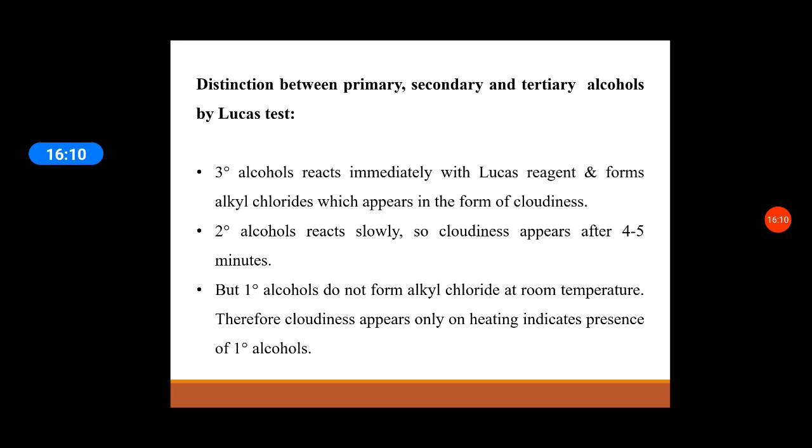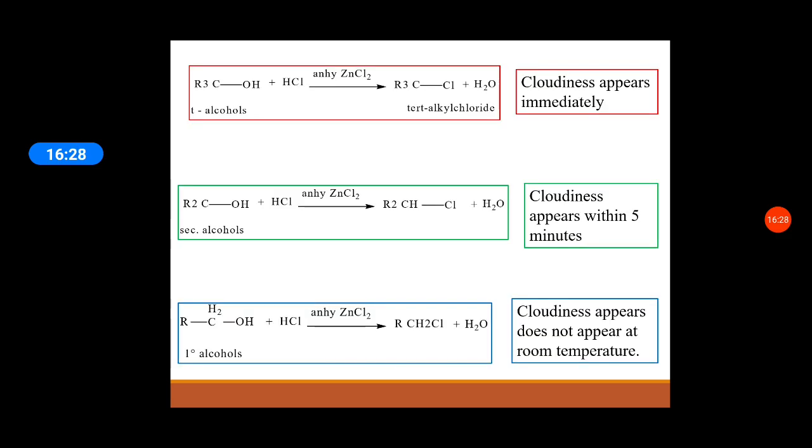But primary alcohols do not react at room temperature. They are stable, so they do not react at room temperature. Only after heating does the white turbidity appear. So that indicates the presence of primary alcohols.